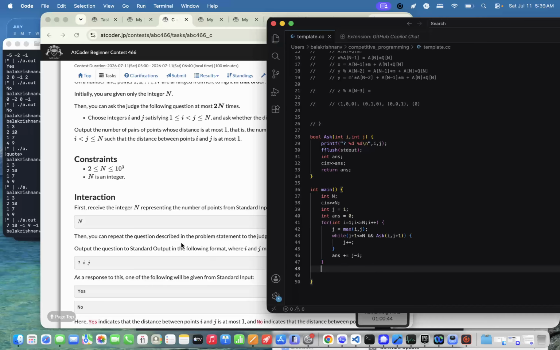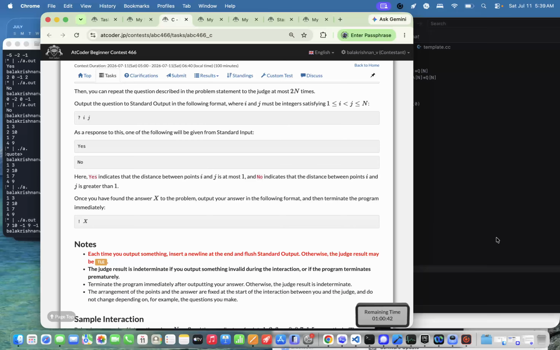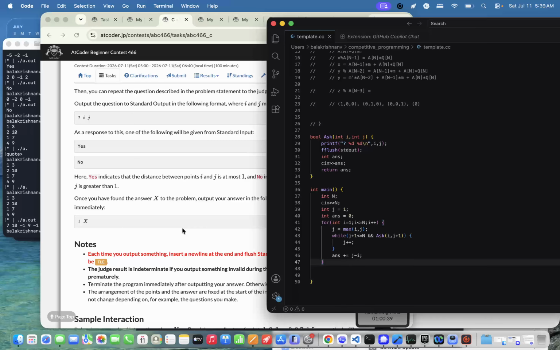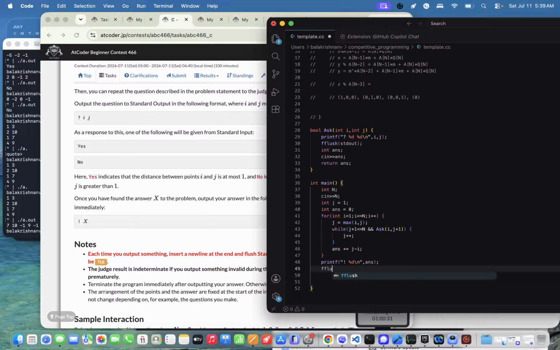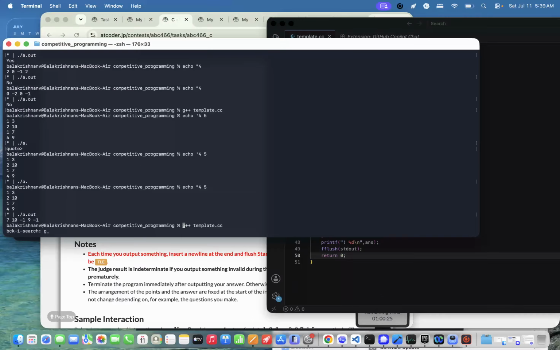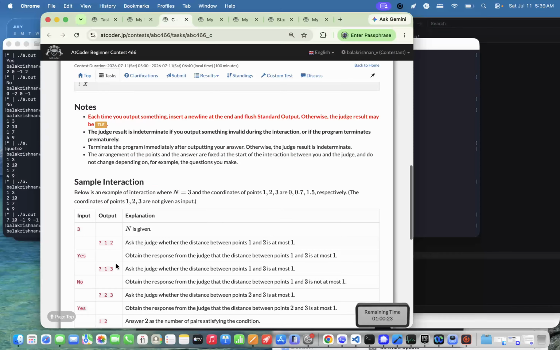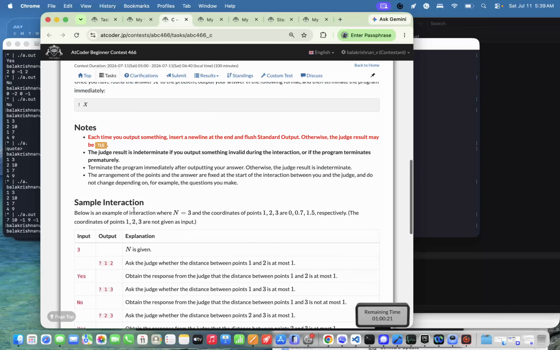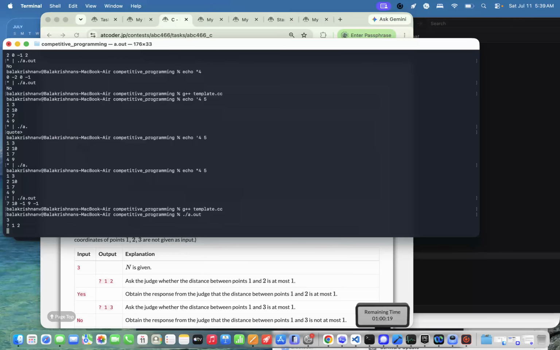So finally, once you have found the answer, exclamation mark, you flush stdout. Three is given. 3 is 1.